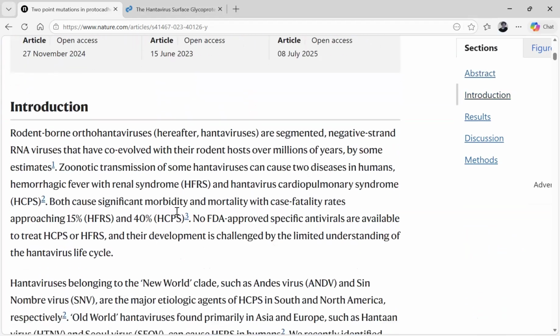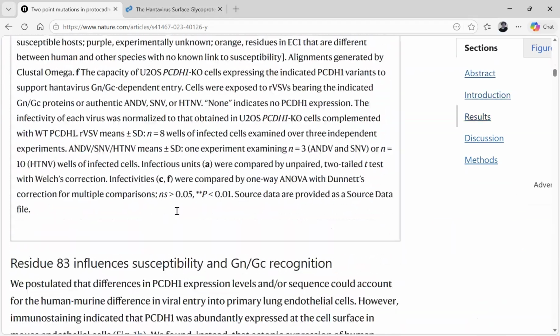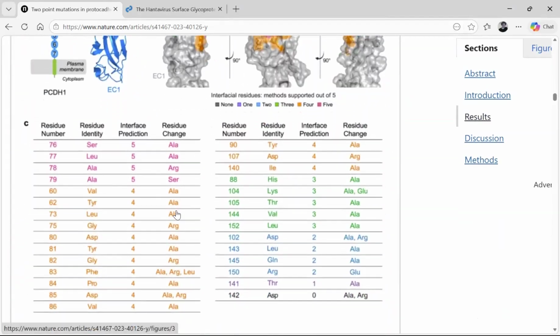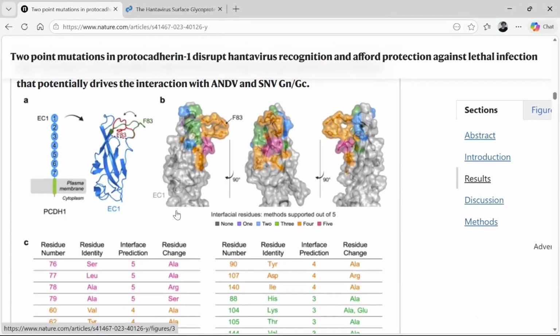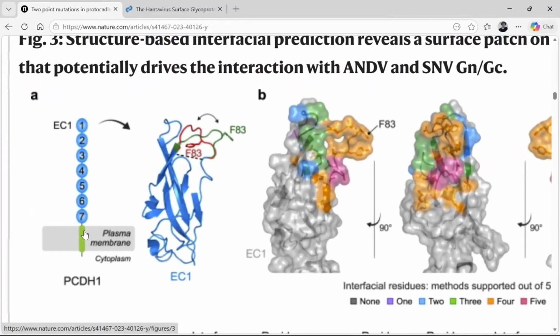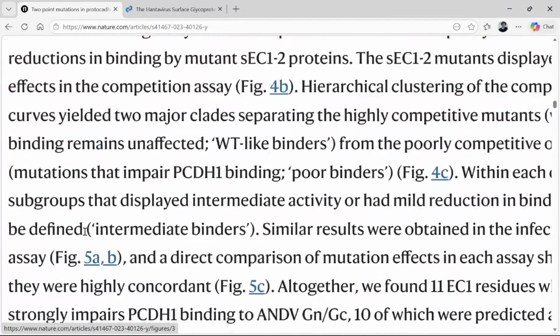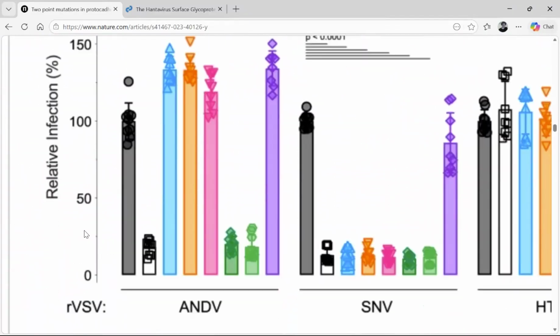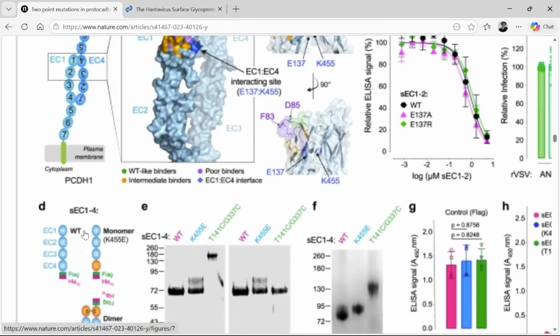So that's important. But this paper has some good visualization of the spike of the actual protocadherin. So what we want to go over here is that, and there's another diagram that's important to go over first. Where is it? Right here.